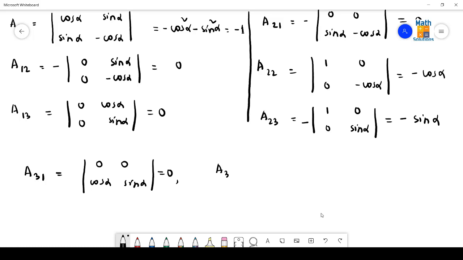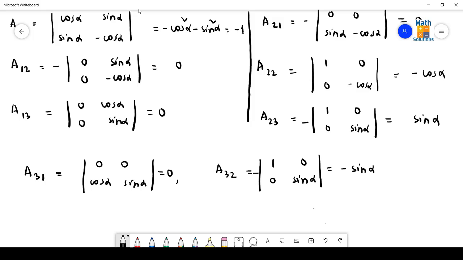Then A32 will be with negative sign convention, with elements 1, 0, 0, sin alpha, that is equal to minus sin alpha.